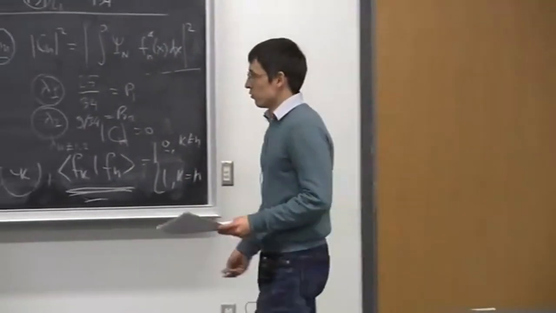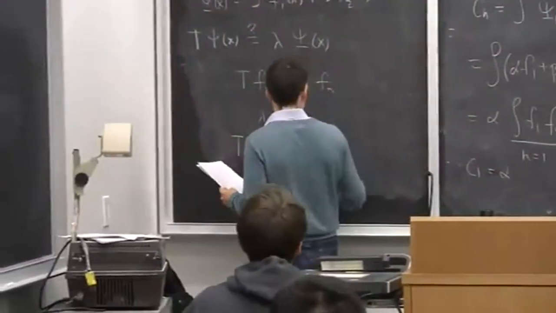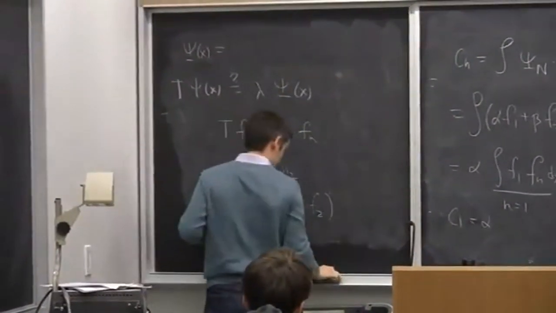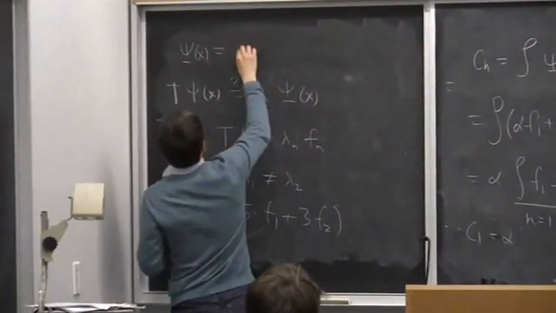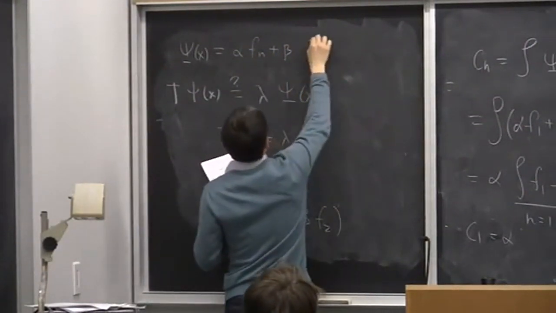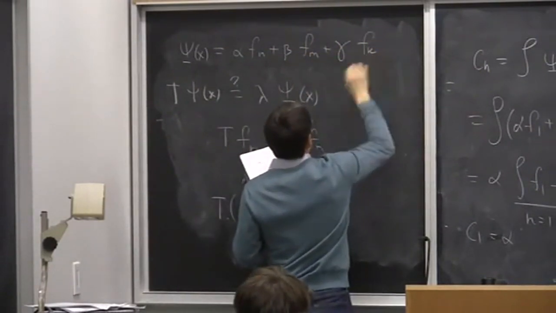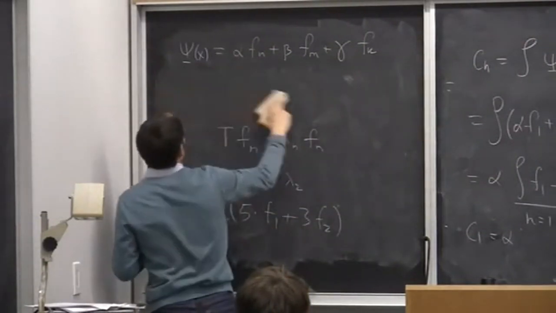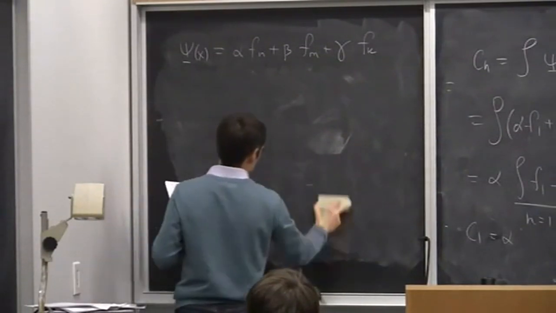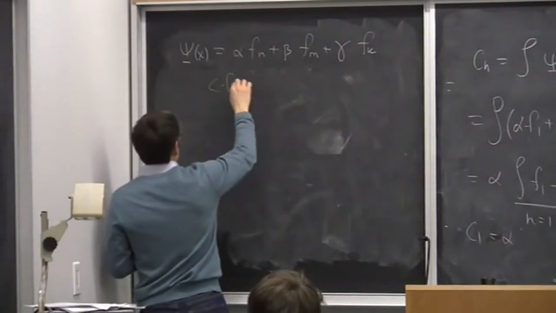And in general, this problem can be generalized. Say you are given some coefficients, like alpha Fn plus beta Fm plus gamma Fk, right, where Fn, Fm, and Fk are eigenfunctions of the operator of interest, and they are orthonormal functions.